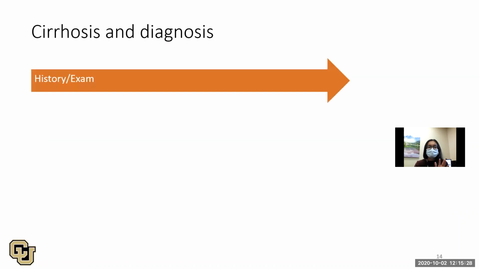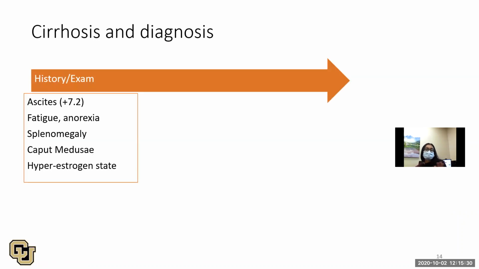If on history and exam a patient has pretty consistent findings like ascites, which has a likelihood ratio of 7, then in this patient your post-test probability that he has cirrhosis has jumped even higher. Some history of fatigue, anorexia, jaundice, a hyperestrogen state, which in men presents with gynecomastia sometimes, and then caput and splenomegaly, which are portal hypertension findings.